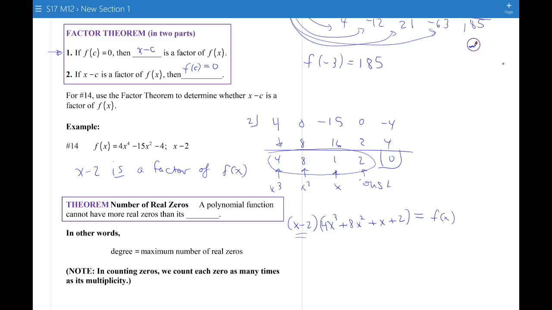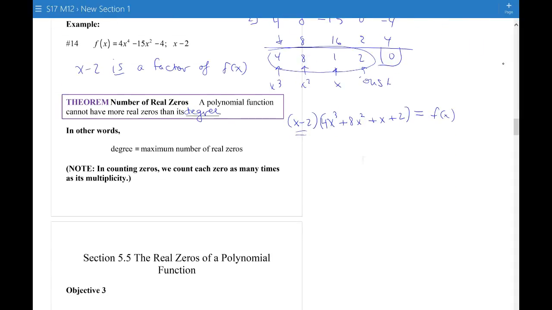A polynomial function cannot have more real zeros than its degree. That helps give you an upper limit on how many zeros you're looking for. Whatever the degree is, that's the maximum number of zeros. And remember that we count multiplicity.